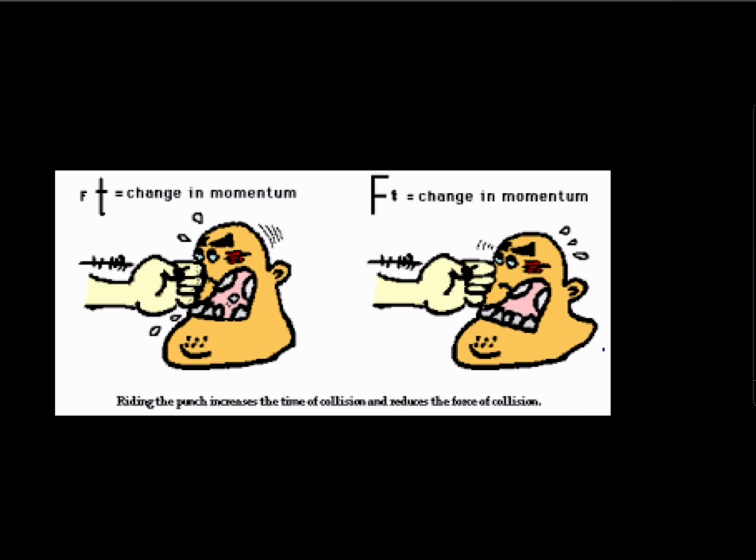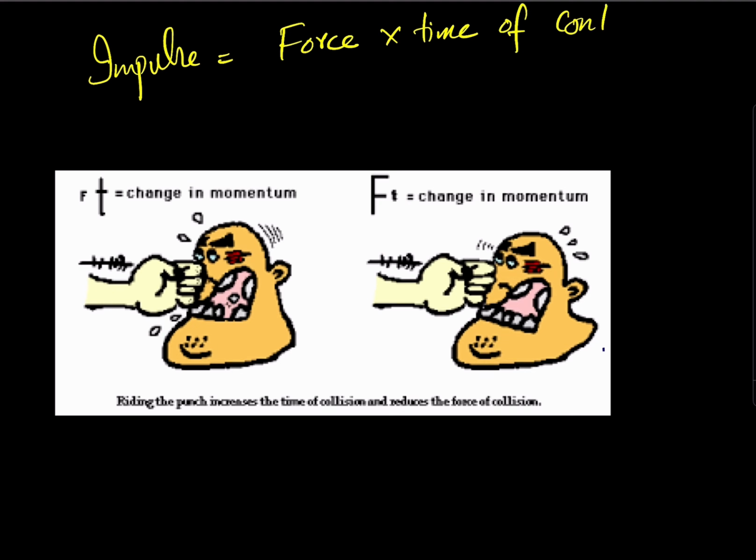Impulse is a product of force and time, and the time is the time of contact for which the force was acting. So let's suppose this thing is constant.